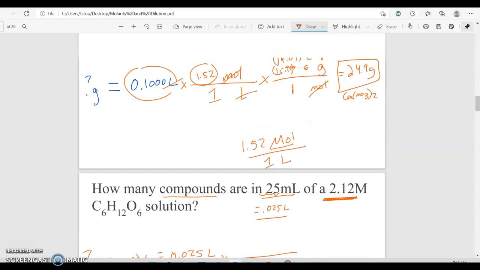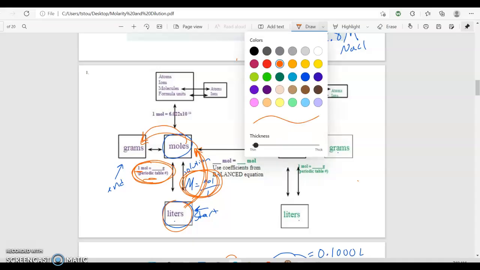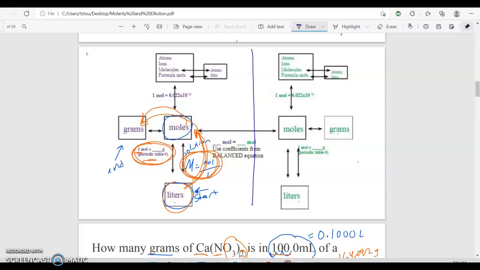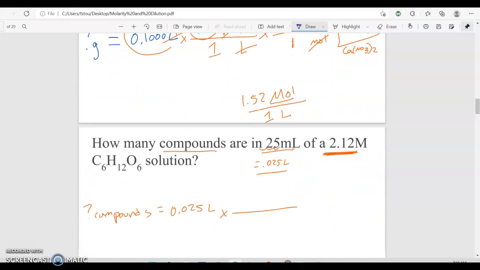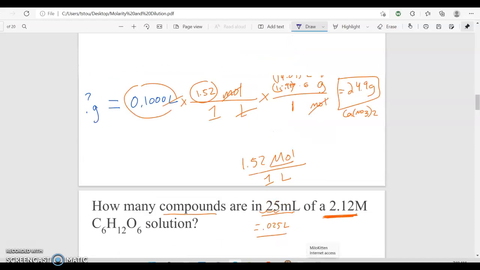I'm going to go up to my mole map up here, check out where I am and where I need to go. I'll start writing on the other side here. Oops. So on this side, when I look over here, I am currently in liters, and I want to get myself 1, 2, up to here, compounds. So that's going to take me 2 steps. All right, so let's get out of liters and go into moles. If I put liters on the bottom, the liters will cancel.